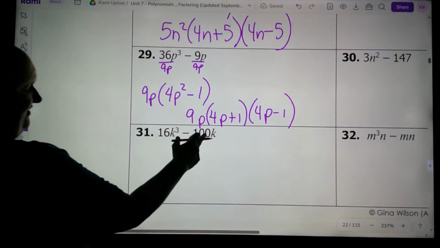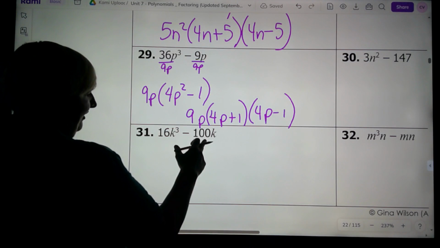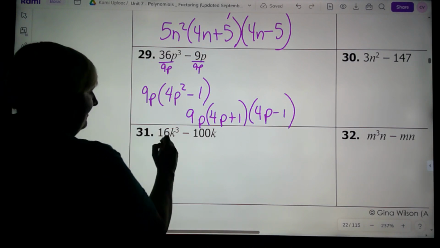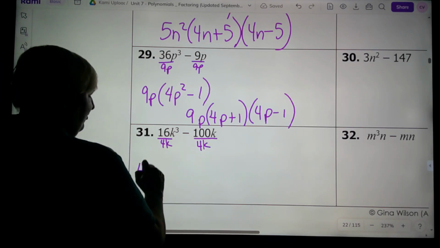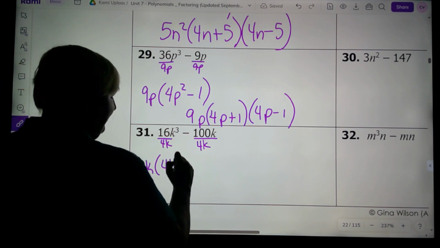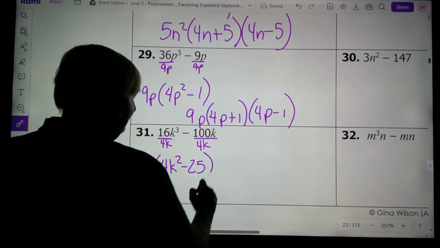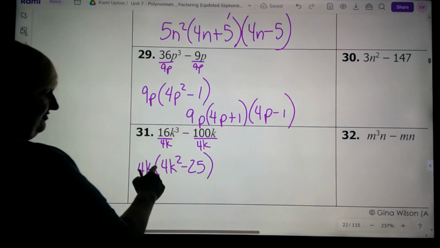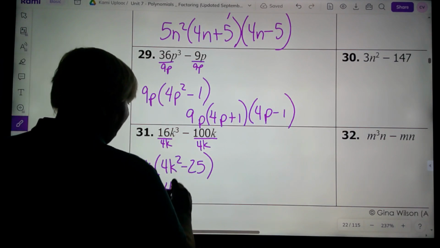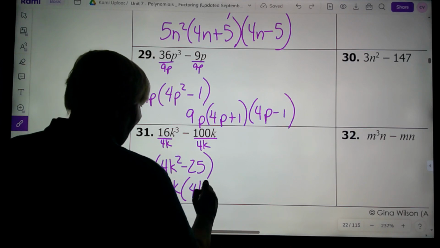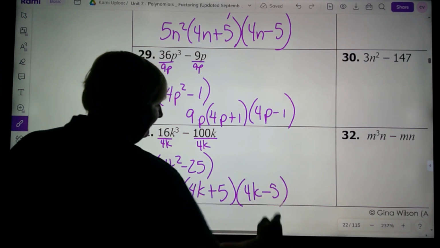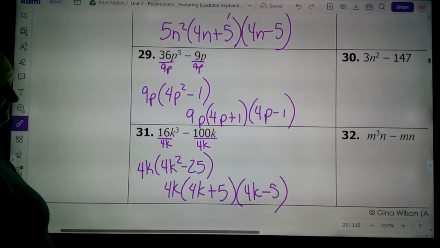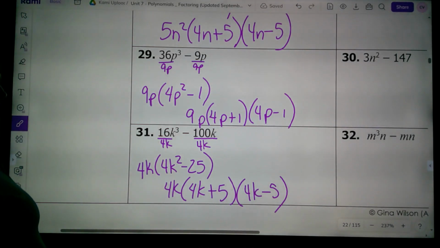These both have a k, and they can both be divided by 4. Let's do 4k. If I take out 4k, I'm left with 4k squared minus 25. All squares. So 4k times 4k plus 5 times 4k minus 5. Just like that. All right.